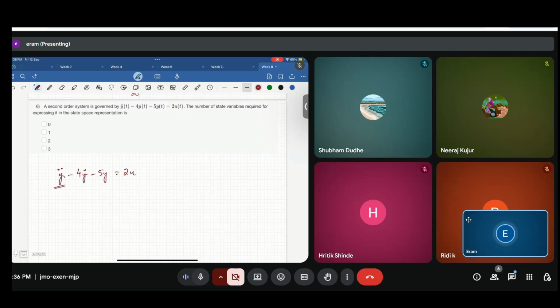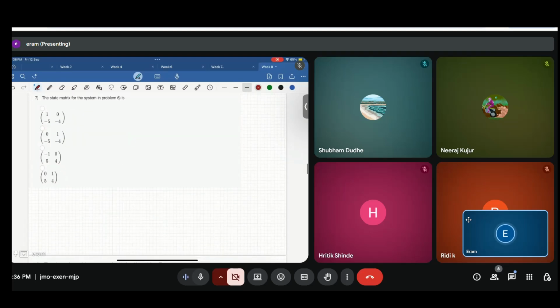So the order of the differential equation is equal to the number of state variables. In this case, since the order is 2, we will need 2 state variables that will completely explain the behavior of this system. Okay.